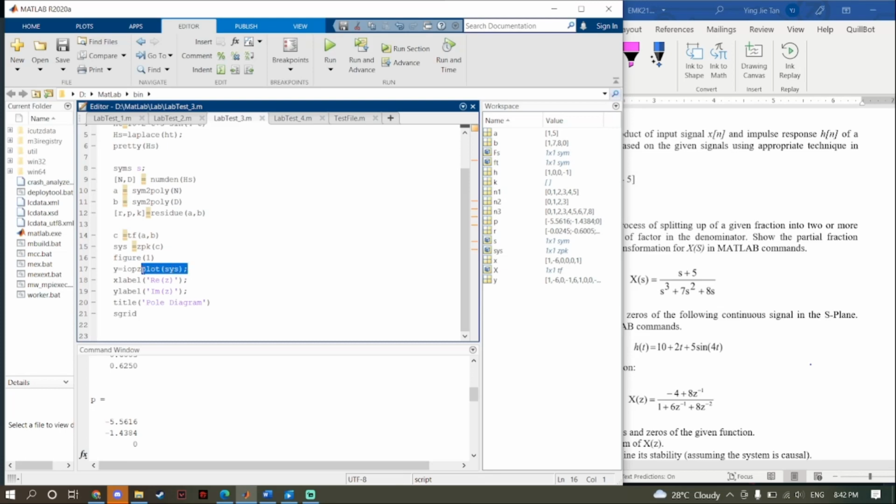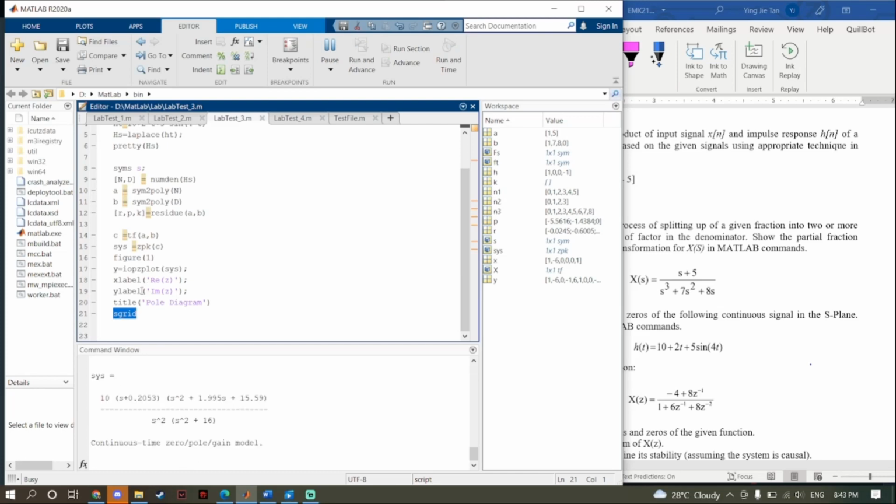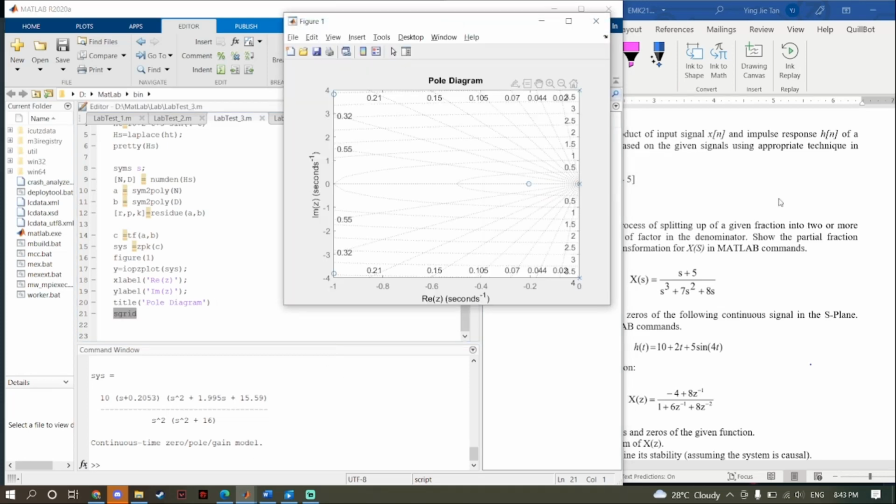To plot out the S-plane, we use this command, and you can put s grid to let the graph have a grid of S-plane. Okay, so I'm going to run it. X label, Y label is just the labeling for the X-axis and Y-axis. Okay, so we wait for the graph to come up. Okay, so here's our pole diagram. And here's our zeros and our poles. Yeah, so this is the result.